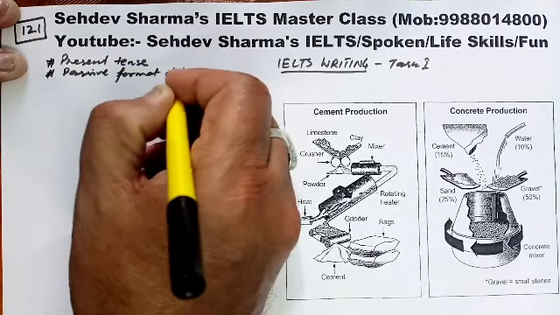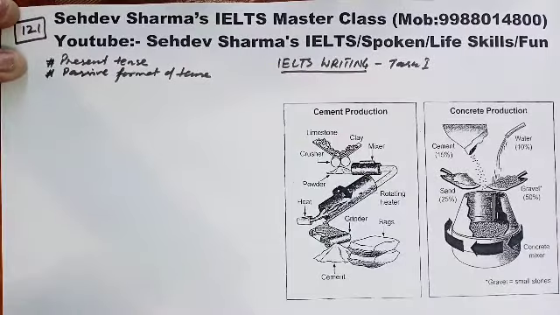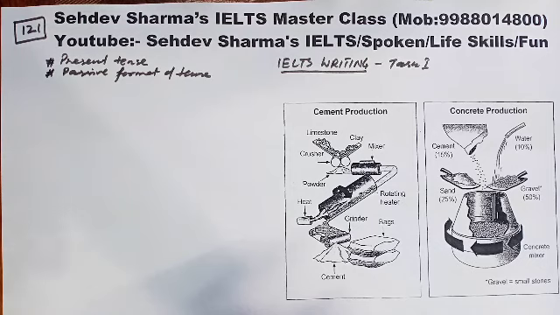Do not write the sentences directly; we have to use the passive. We may have a special video regarding the passive. In the passive, the structure is followed by the third form of verb and by. So these are the two basic things that we need to keep in mind.